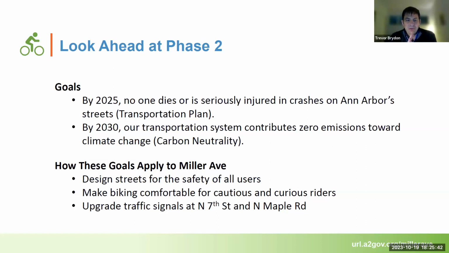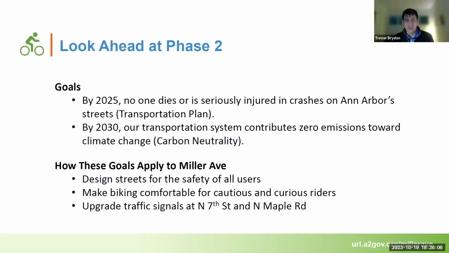A cycle track is a 2-way bike priority facility that is separated from other lanes on the roadway. We're going to be using a couple of terms here. One is cycle track, which is that 2-way facility that we're talking about installing on Miller Avenue. The second term is bikeway, and bikeway applies to the network of cycle tracks that are already in downtown.